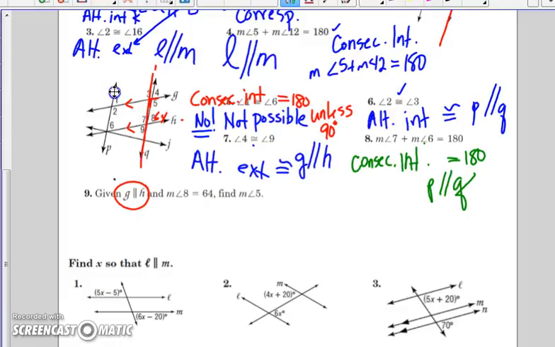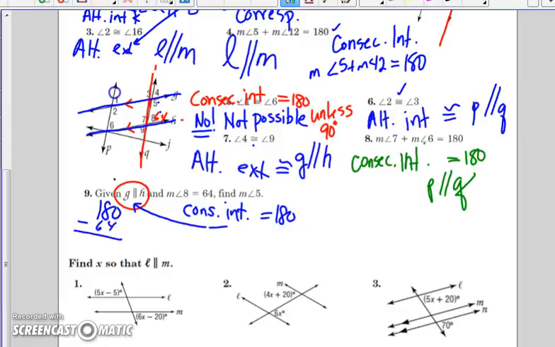And then my blue lines are H and G. They're both on the inside, and they're on the same side, so that means that they are consecutive interior angles, which means they have to equal 180 because they told me the lines are parallel. So 180 minus the 64 would be 116. So the measure of angle 5 has to be 116 degrees.